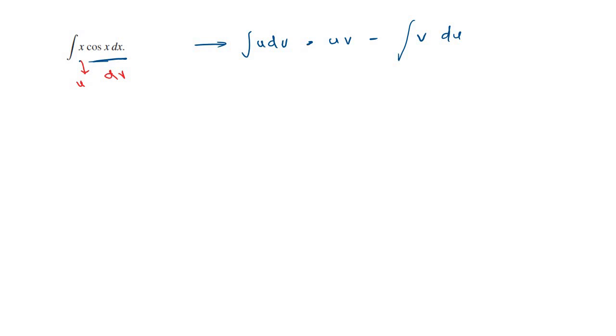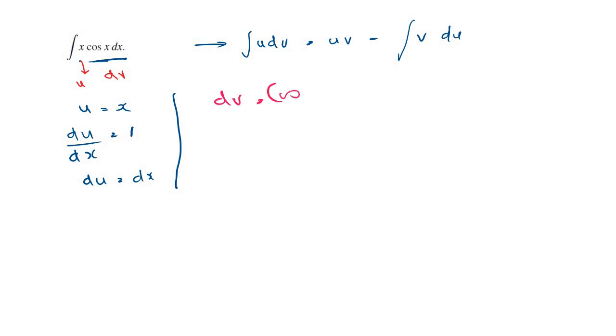If we use u equals x, then we differentiate it: du over dx is equal to 1. In other words, du is equal to dx. The next thing, we take the next part of it and say dv is equal to cos x dx.